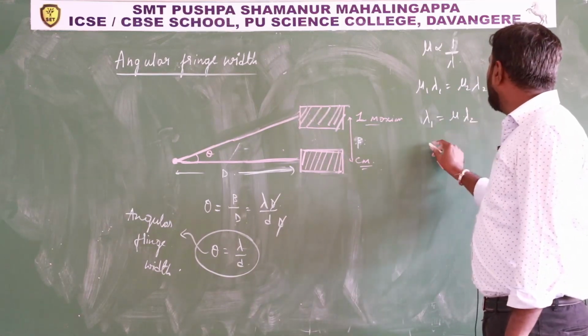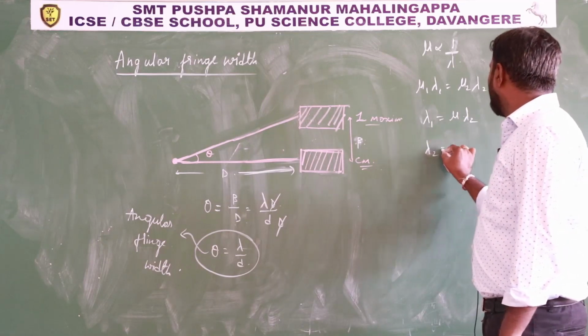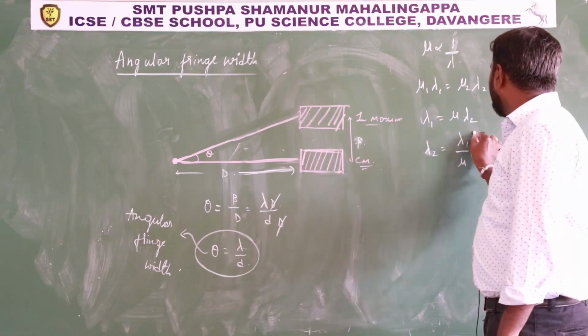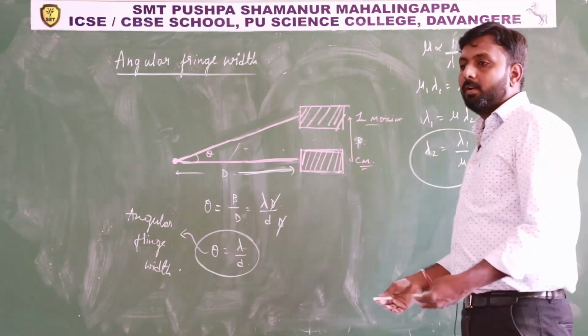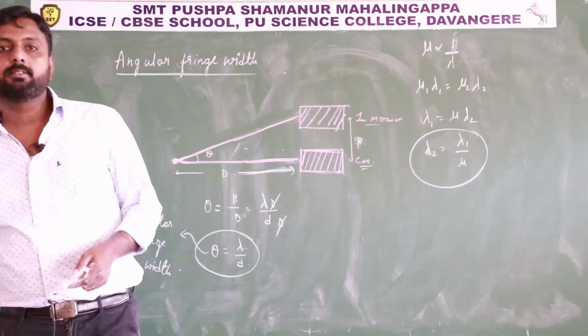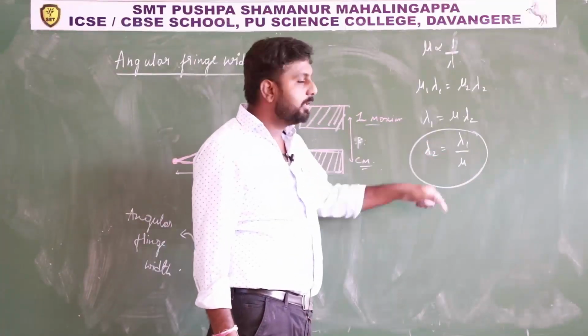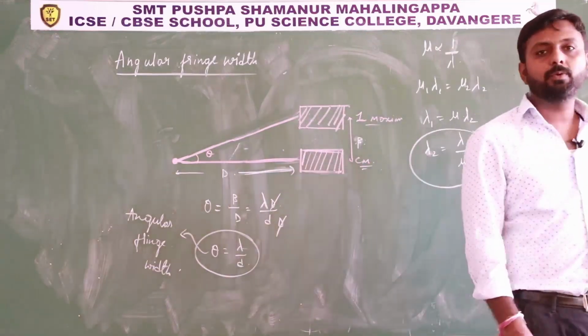So this is lambda 2. Then lambda 2 equals lambda 1 by mu. So from this you came to know that in another medium the wavelength decreases, mu times, lambda 1 by mu. The lambda 2 becomes lambda 1 by mu.